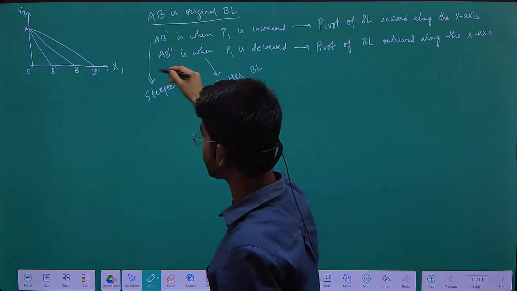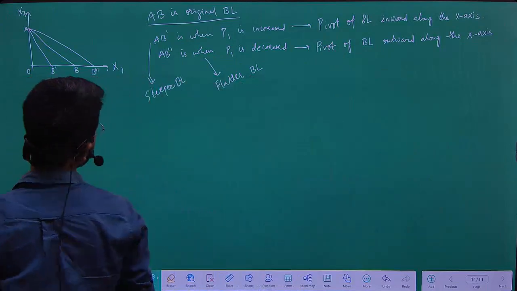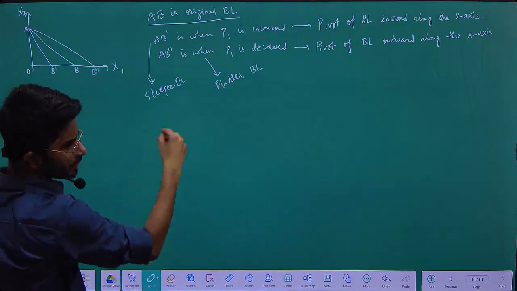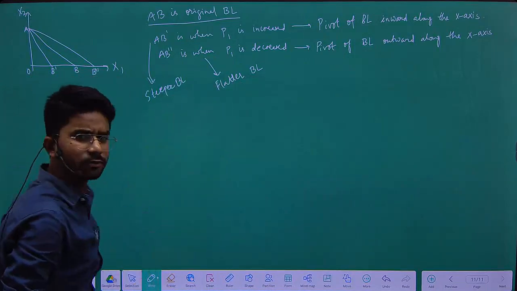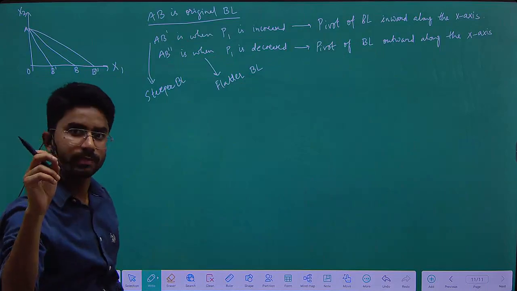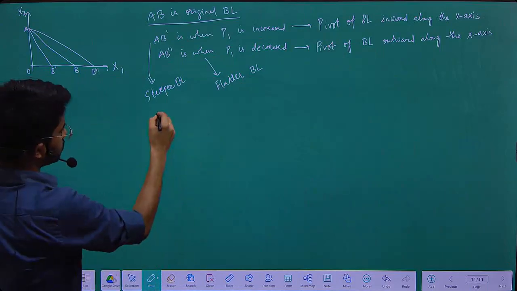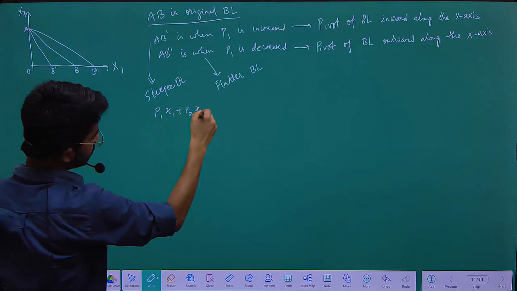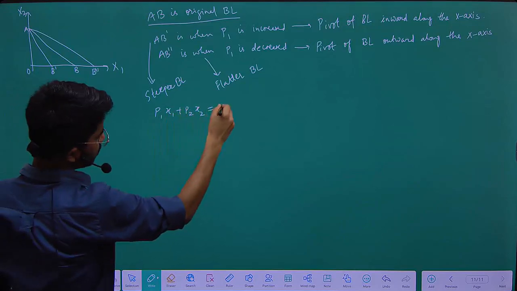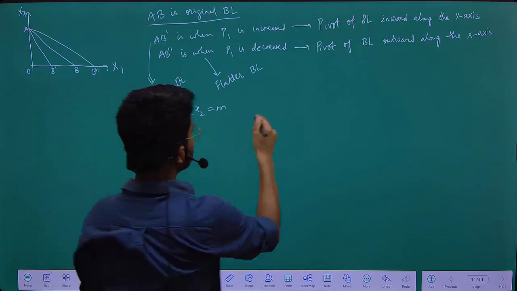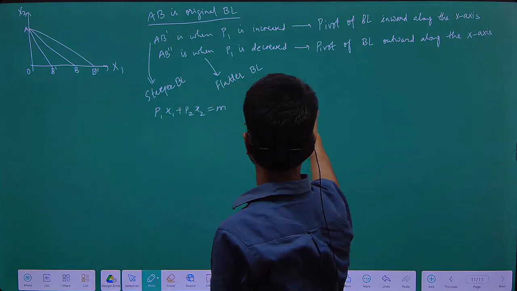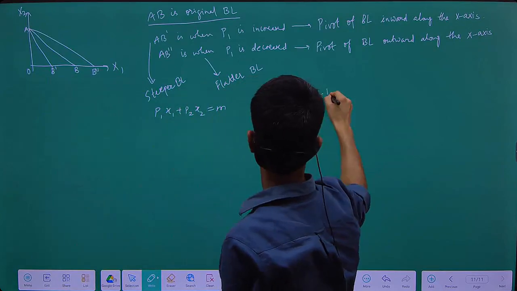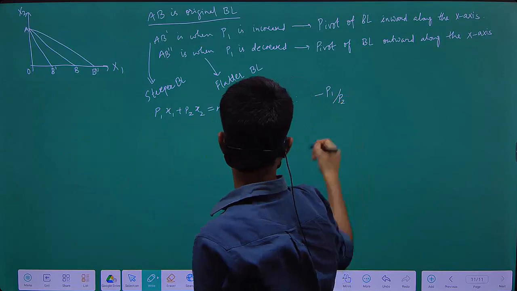So let's see how this has happened. For steeper and flatter, we have to check the slope of the budget lines. Suppose you had P1 x1 plus P2 x2 equal to M, and the slope of this budget line was minus P1 upon P2.